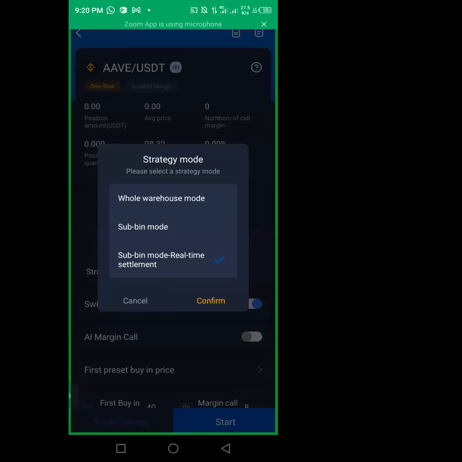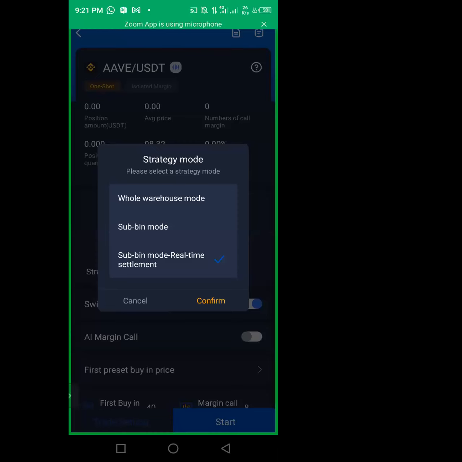So if the 5th one you bought and you are on this sub-in mode real-time settlement, anytime the price just increases, the robot will sell all the 5th one. So that is why in the summary of Royalq, it's defined that the robot is designed to make profits for us even when cryptocurrency is crashing.